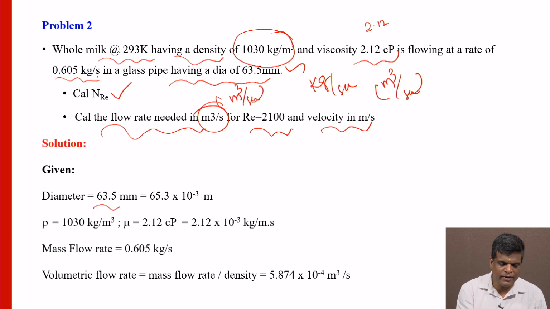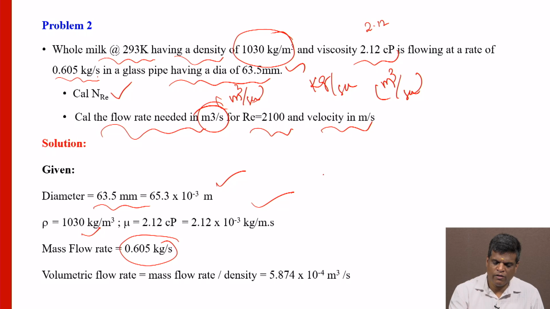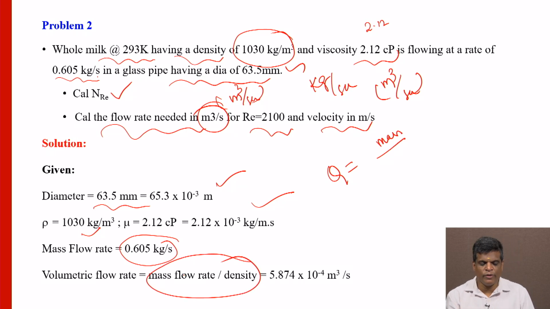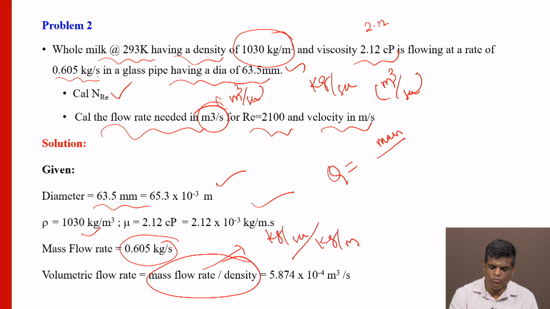So, first the diameter we know, you have to convert it in terms of SI units, and density is also done, and mu also converted. Then, for the mass flow rate, if you want to solve, first you have to get the volumetric flow rate: V equals mass flow rate divided by density. The mass flow rate is kg per second, the density is kg per meter cube.